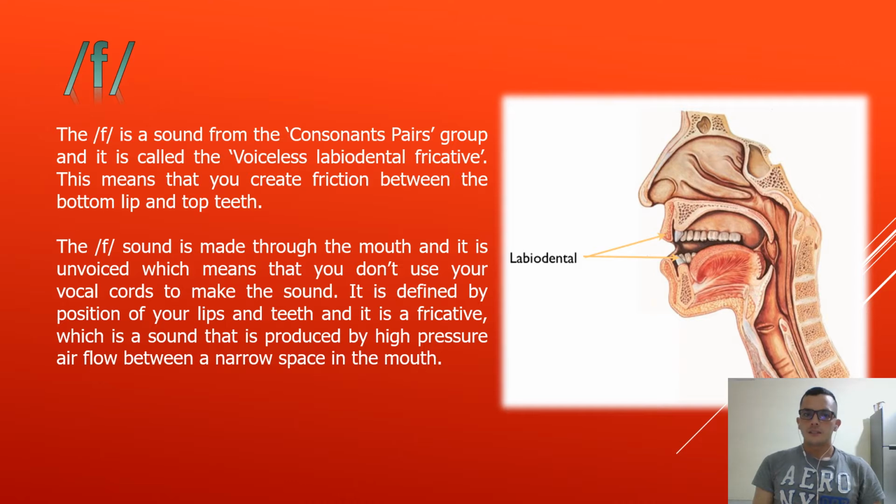In this case, it's between the bottom lip and the teeth. To produce the sound, rest your top teeth on your bottom lip and force air out between your teeth.